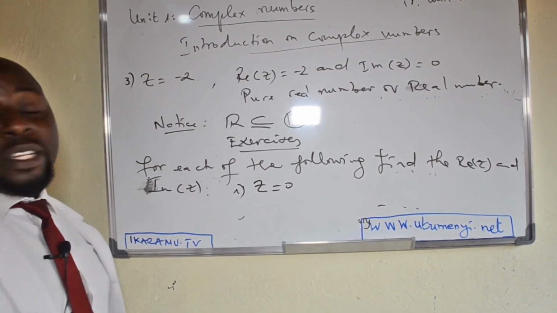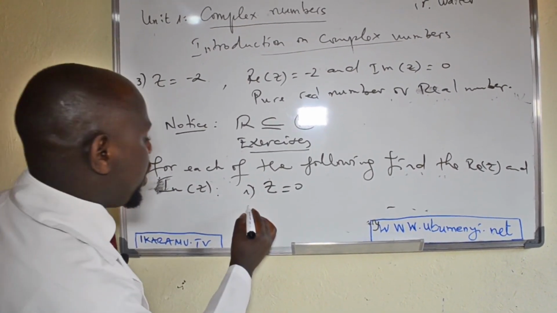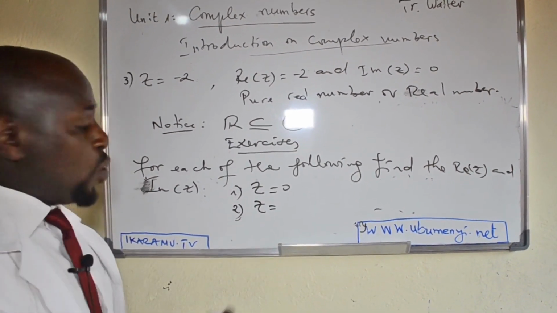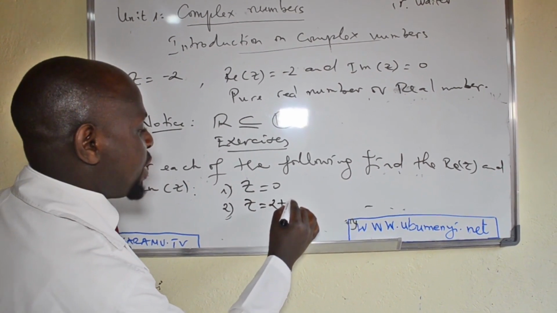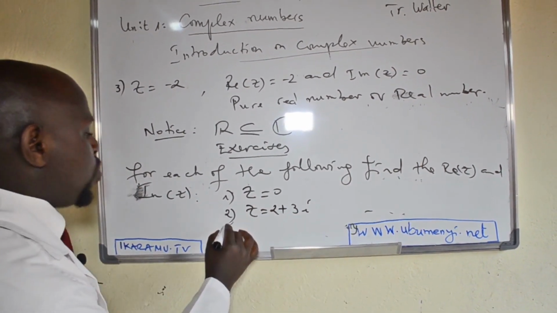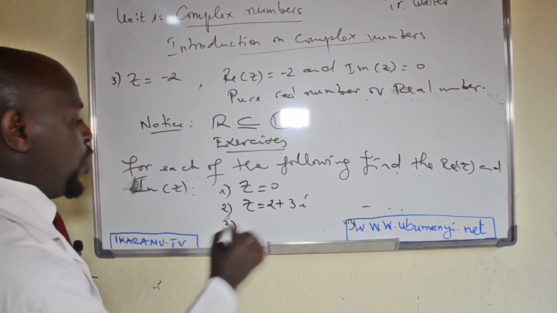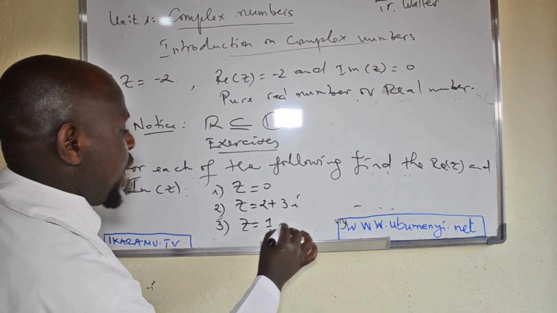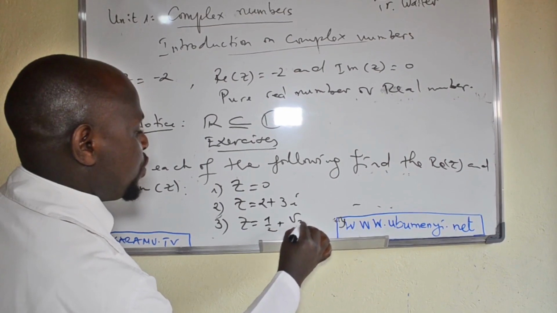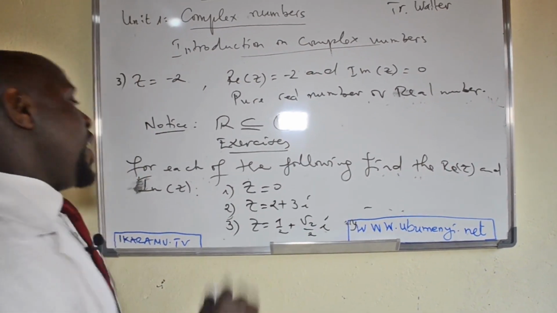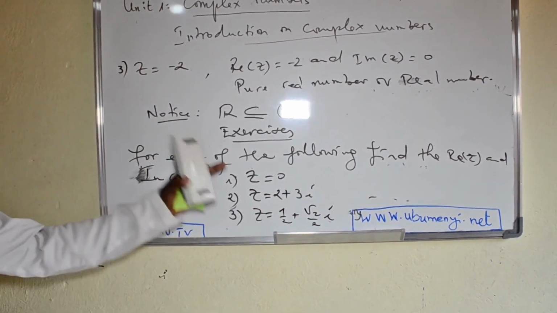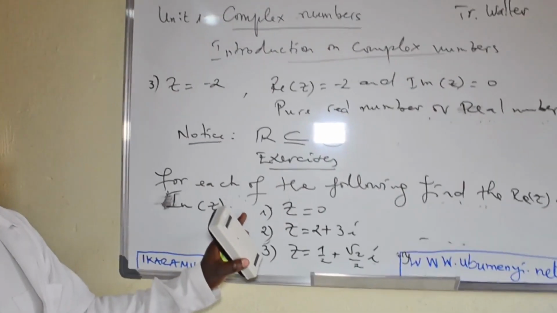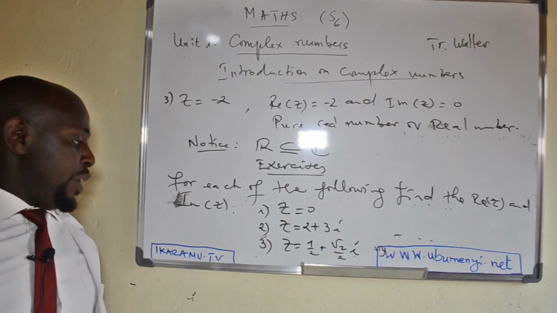We show whether it is a complex number by showing the real part and the imaginary part. The second one is Z equal to 2 plus 3i. The third one is Z equal to 1 over 2 plus square root of 2 over 2 i. Try these three exercises, showing the real part and the imaginary part.